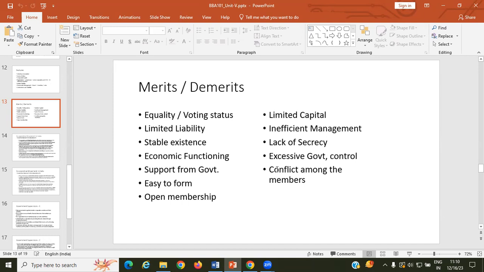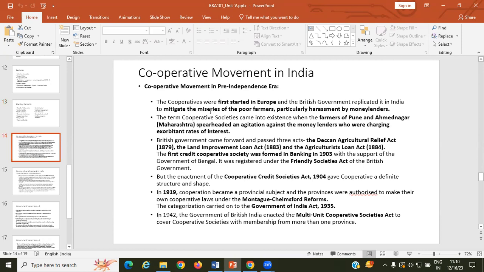There are a few points and a few pages of notes I will share today on how government is helping cooperative society. First, we'll understand how the movement happened before independence and after independence. This is the cooperative society movement pre-independence, that is before 1947: what happened, when it was started, and from which country.